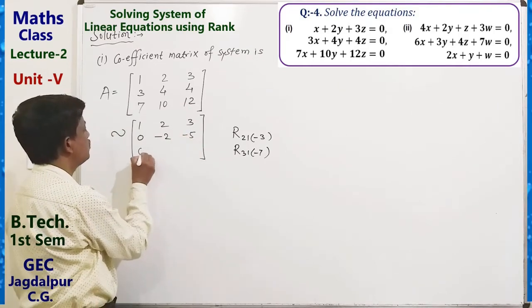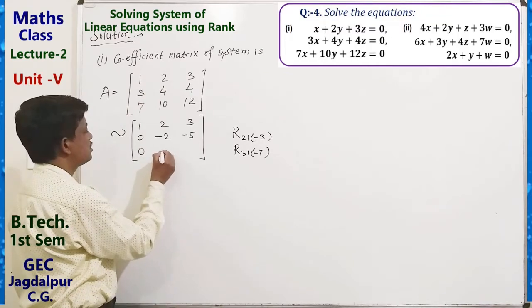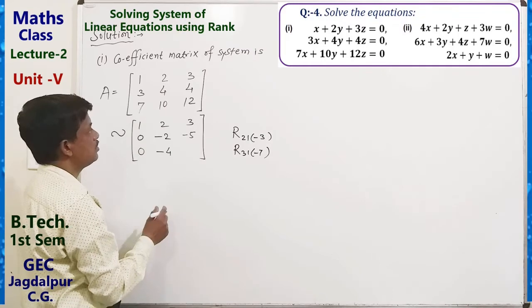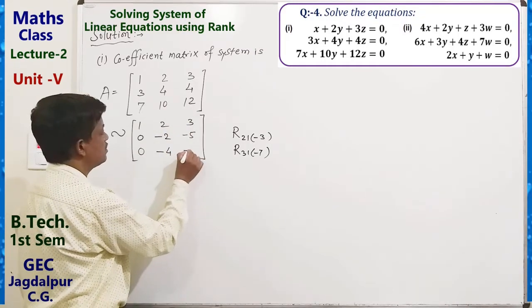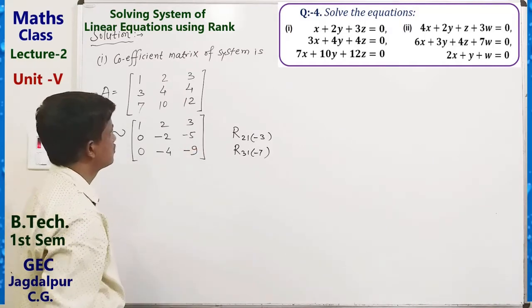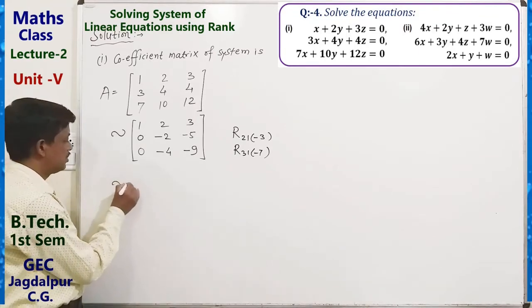And here 0. Minus 14 plus 10, minus 4. Minus 21 plus 12, minus 9. Okay, so this is the operation.